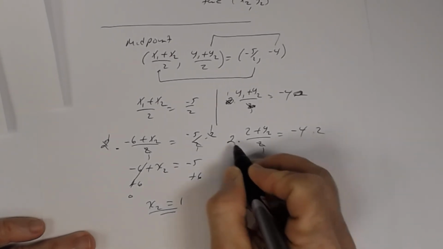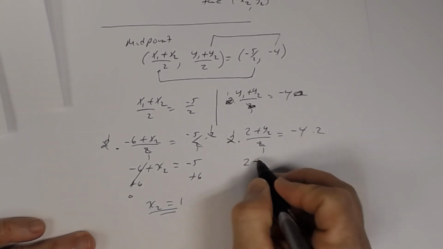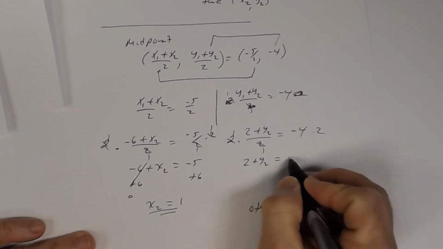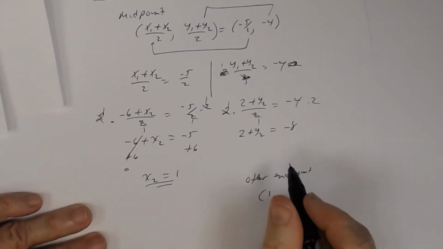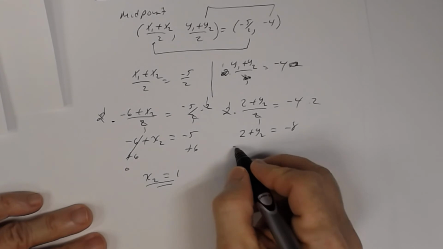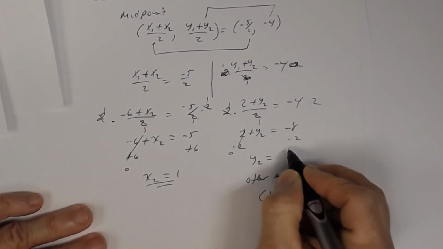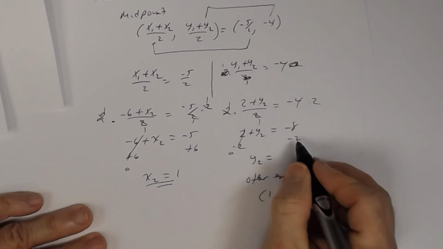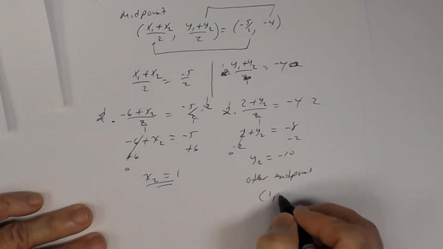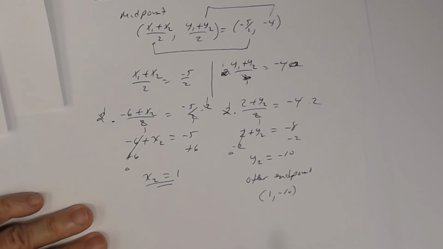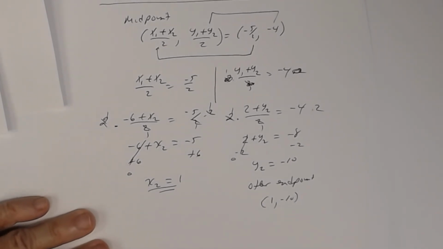These 2's divide out, so you get 2 plus y2 is equal to negative 8. Negative 4 times 2 is negative 8. And then you get y2 by itself. We're going to subtract 2 from both sides. This is 0, and so I get y2 is equal to negative 8 and a negative 2 is a negative 10. All right?